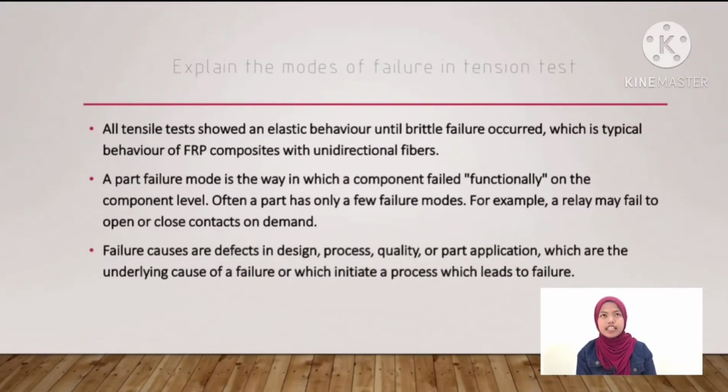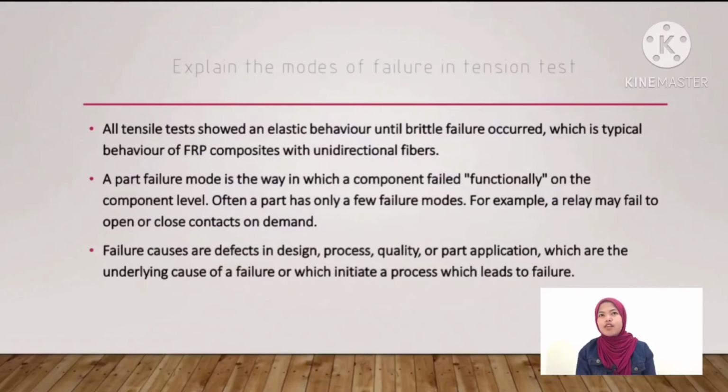Explain the modes of failure in tension tests. So the answer is, all tension tests show an elastic behavior until brittle failure occurs, which is typical behavior of FRP composite with unidirectional fiber. Point number 2. A part failure mode is the way in which a component fails functionally on the component level.